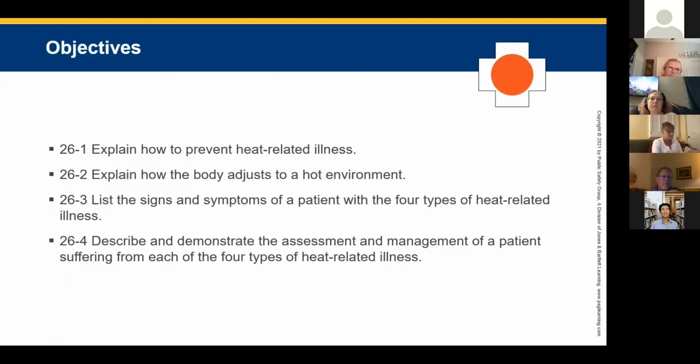So objectives, you can see what we're going to talk about: to prevent heat-related illnesses, how the body adjusts to a hot environment, symptoms related to the 4 types of heat-related illnesses, and to demonstrate the assessment and management of the patient who is suffering from each of the 4 types of heat-related illnesses. You would think, gee, you're out in the cold, why would we have heat-related illnesses?